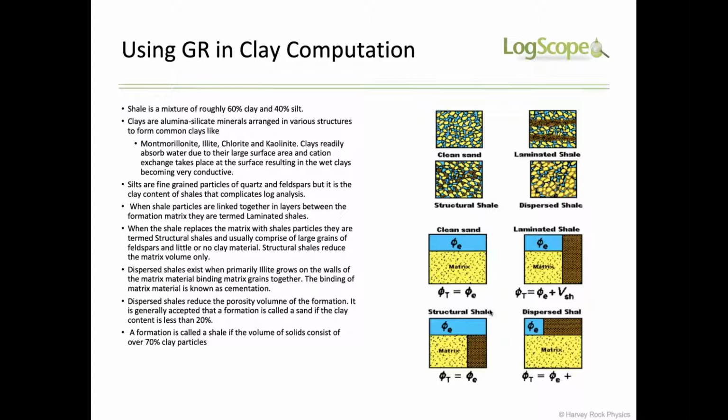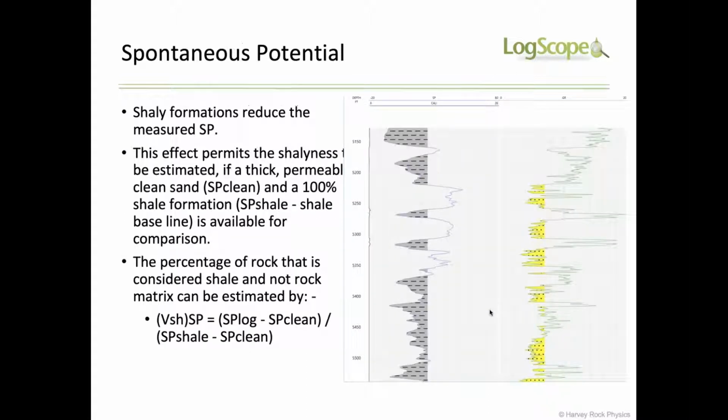So this slide basically shows you some more detailed information on using the gamma ray and clay computation. Now, the spontaneous potential is a tool that I like a lot because it can be used to give you an estimate of the salinity within the formation, but it can also help you understand which formations are clay rich and which are clean.